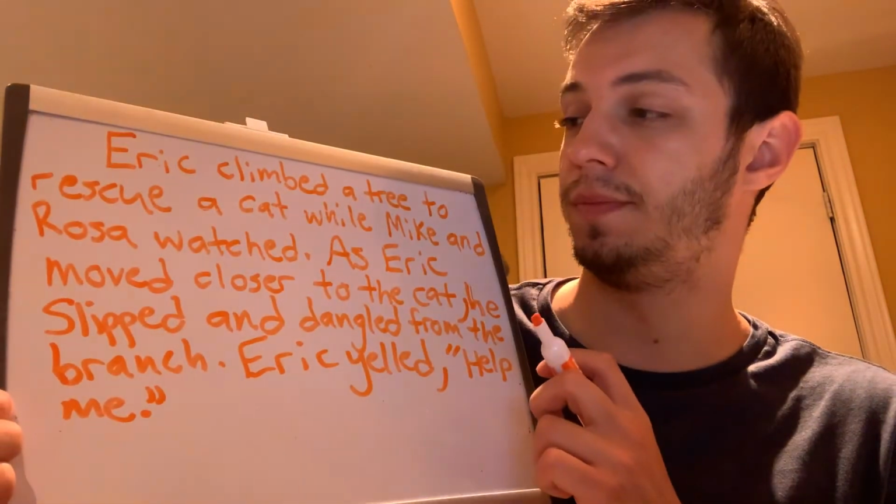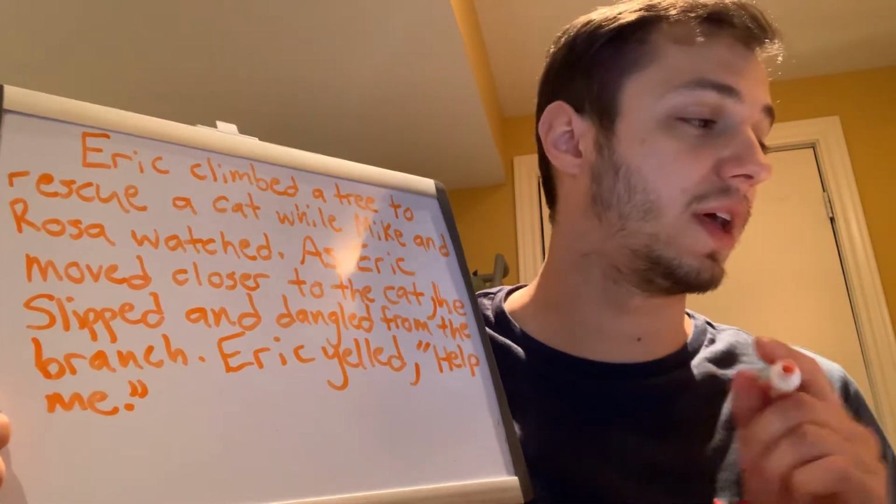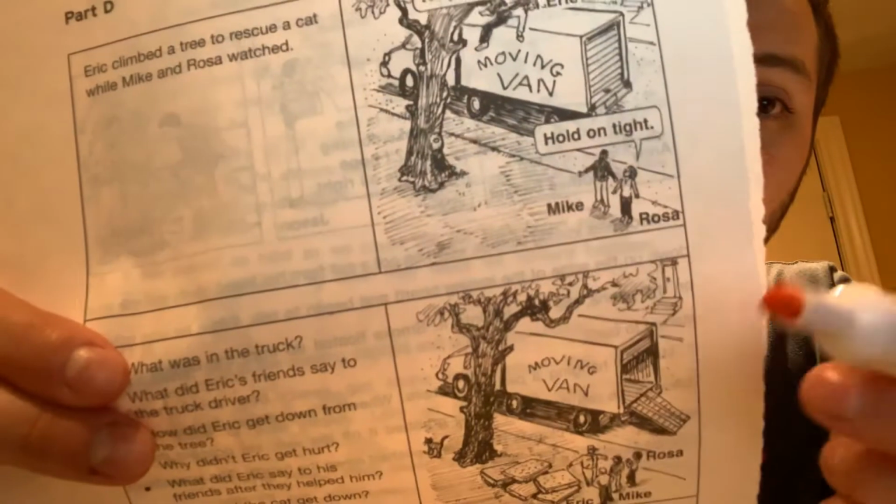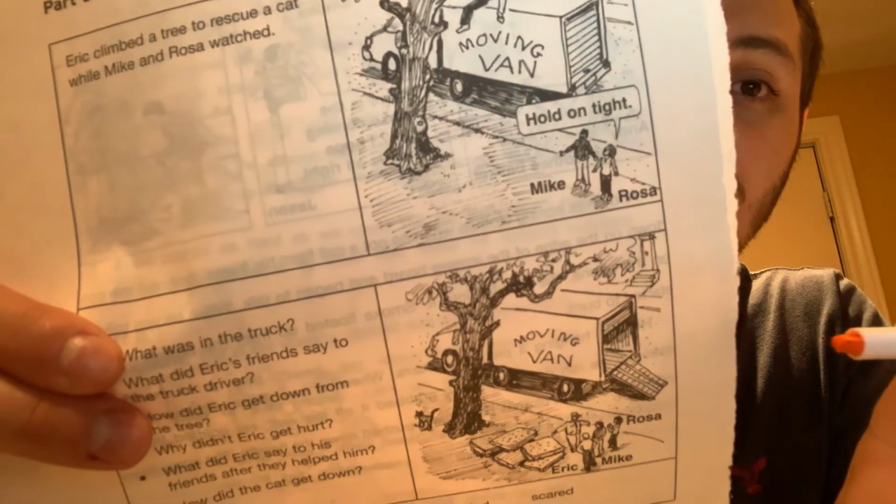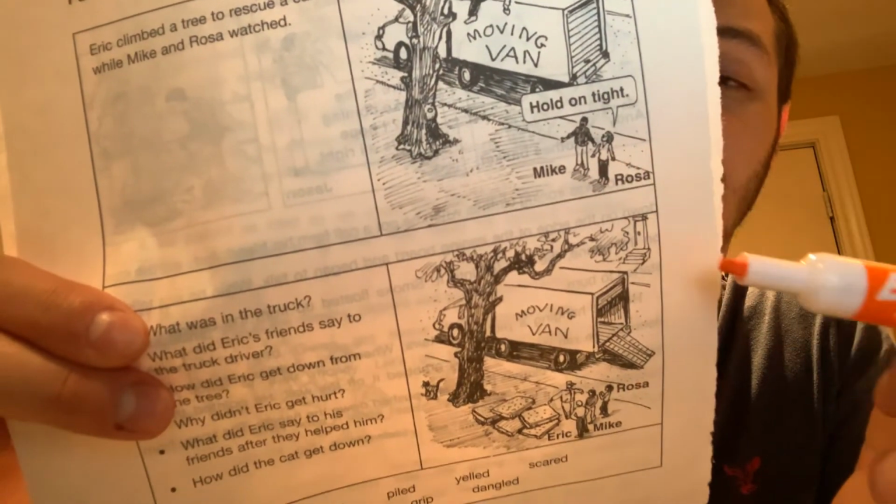Just like that. So now if we look at that picture again, we have a new person speaking, right? In that first picture, we also have Rosa speaking, right? And she says, hold on tight. So since now we have a new person speaking, we have to start a new paragraph and indent once again.